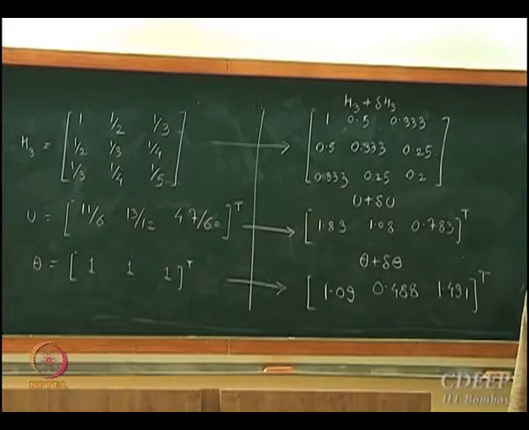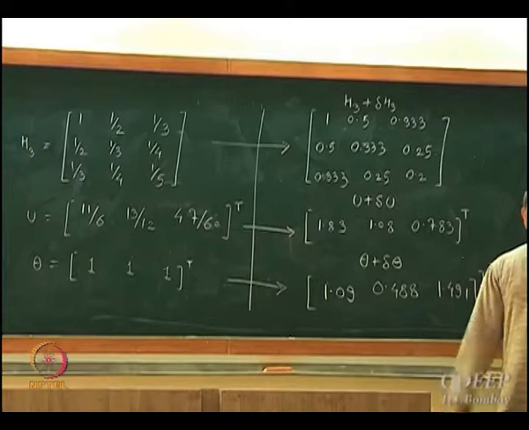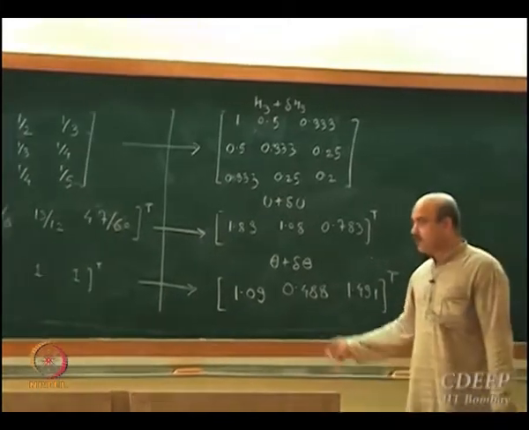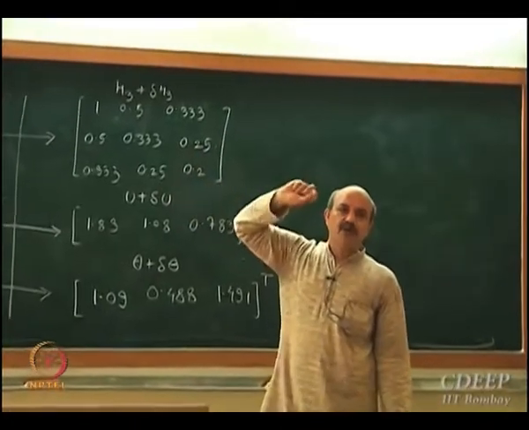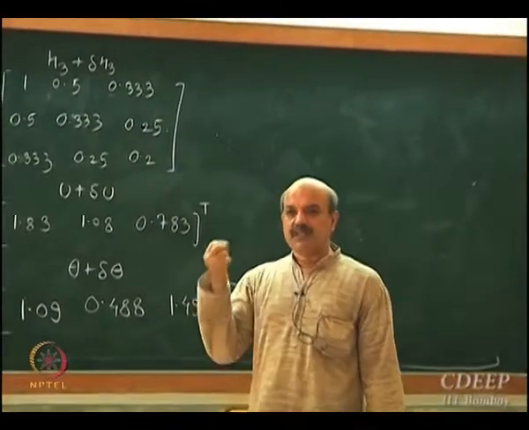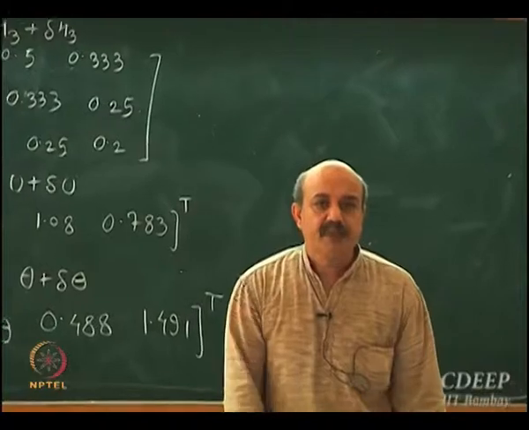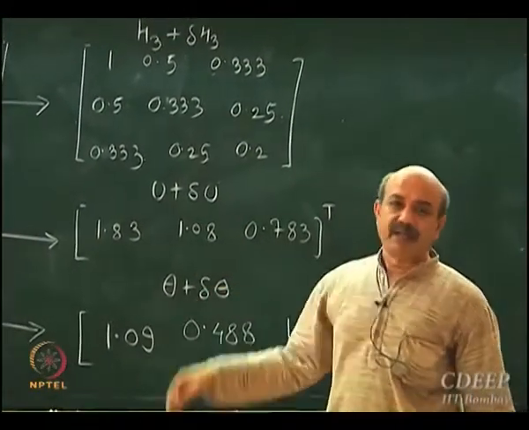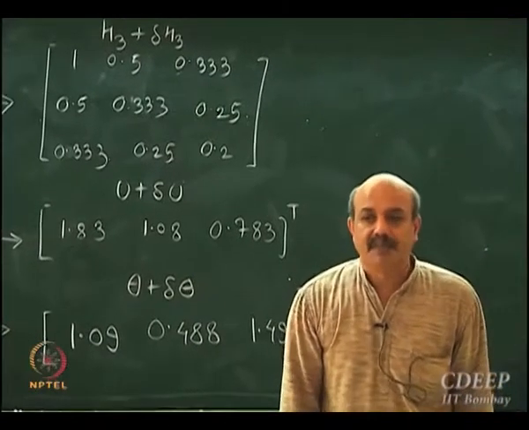This is for a matrix with a condition number of 700. If I estimate the fractional change we have made in the H matrix or in the U vector, it is of the order of 0.3%.